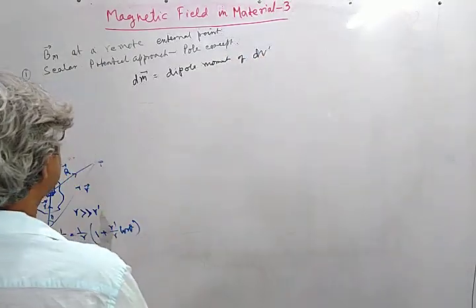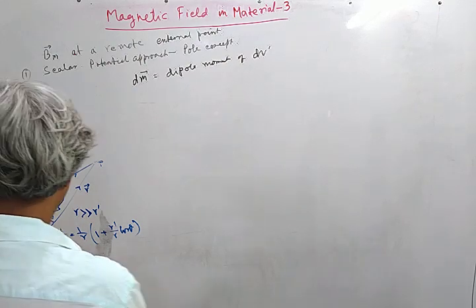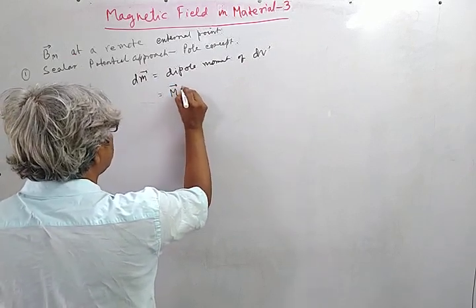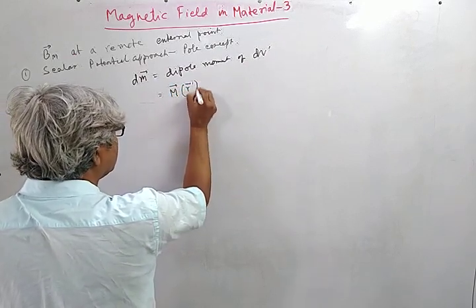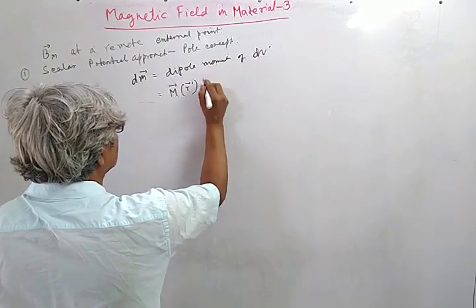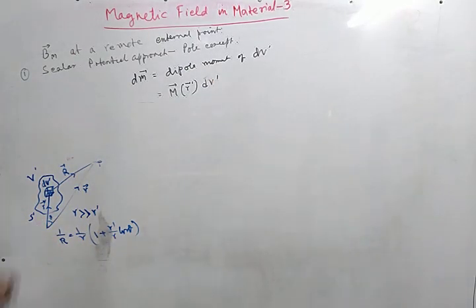Now first thing is that we know the magnetization over here is M at R prime times dV prime. This is the dipole moment.